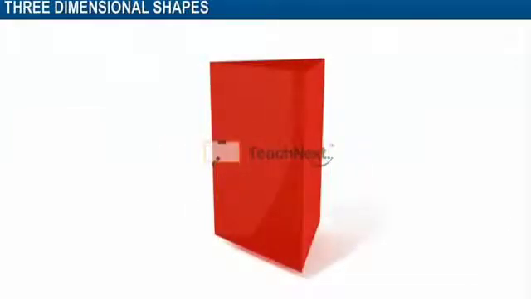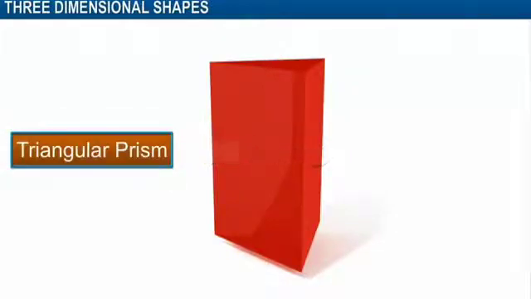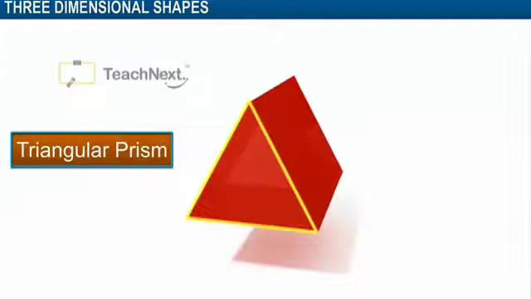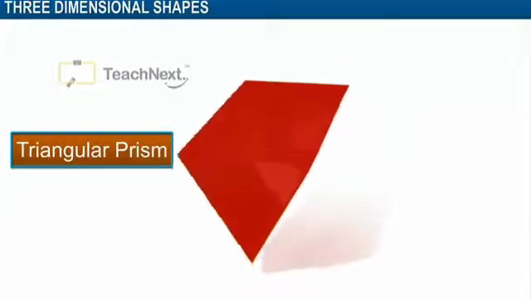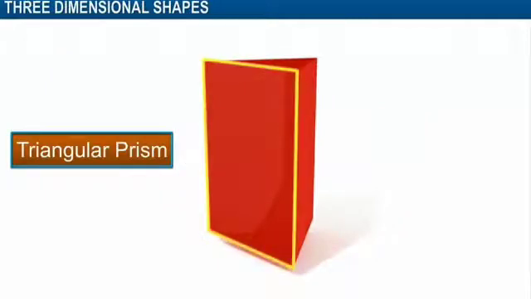Next, let's look at another three-dimensional shape, which is called a triangular prism. A triangular prism is formed with 2 triangles and 3 rectangles.